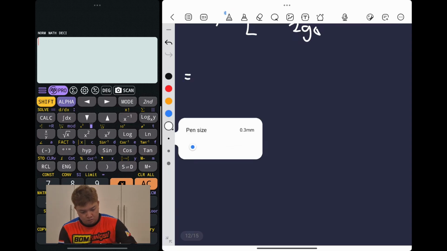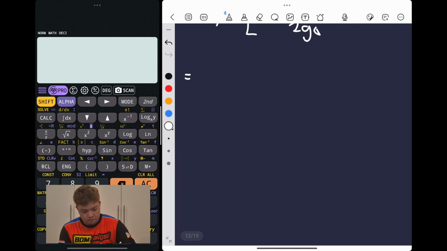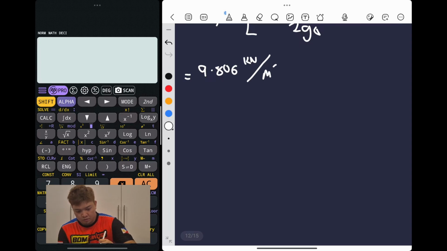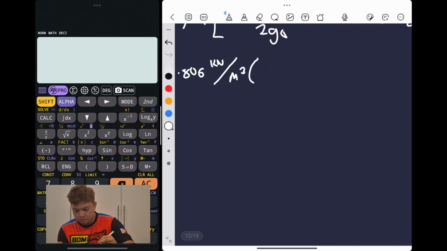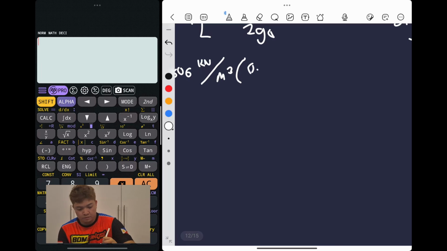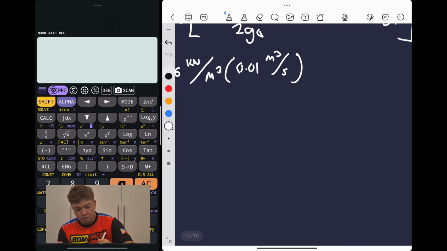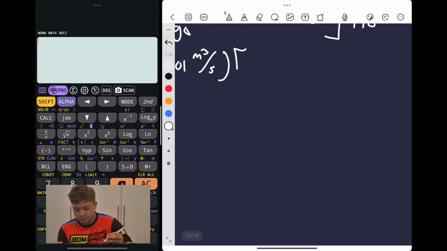Is equal to what? 9.806 Newton per cubic meter, 0.01 cubic meter per second.